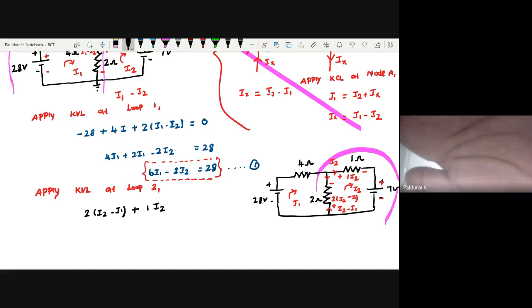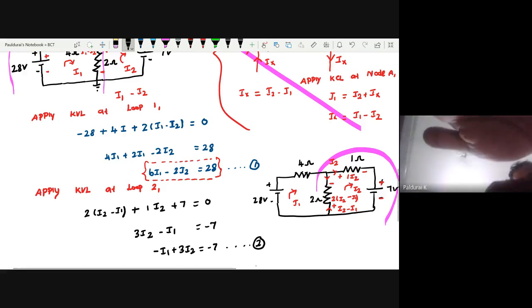Then coming to the 7 volt source, is it plus 7 or minus 7? Plus 7 equals 0. Now bring this 7 to the right hand side, you will get minus 7. Just to manipulate this, you will get 3 times I2 minus I1. Always first write I1, then I2, which equals minus 7, equation number 2.